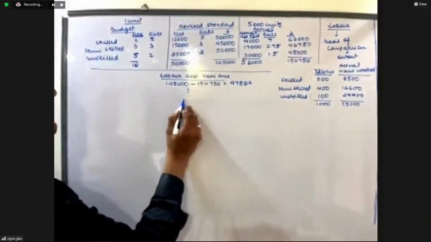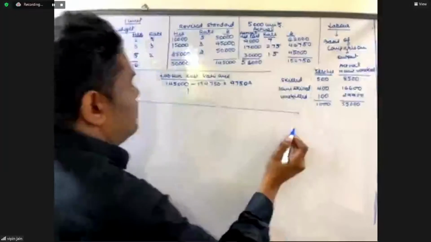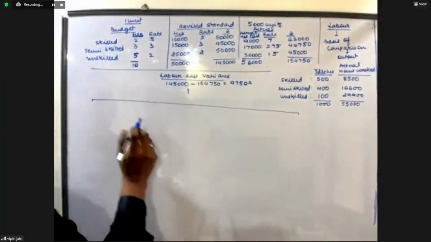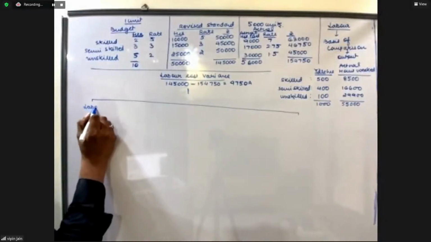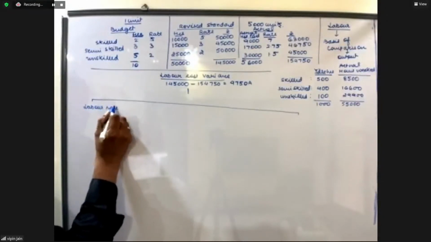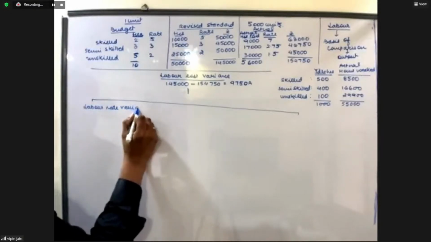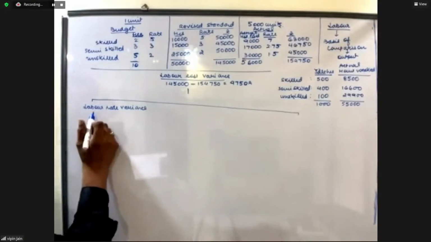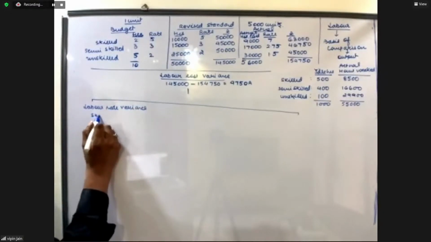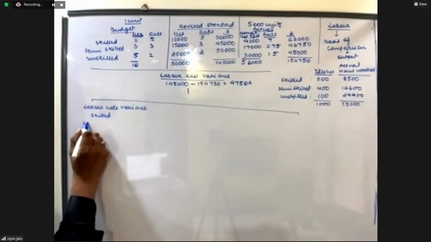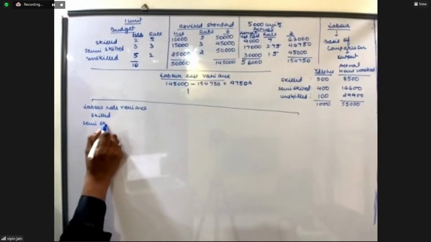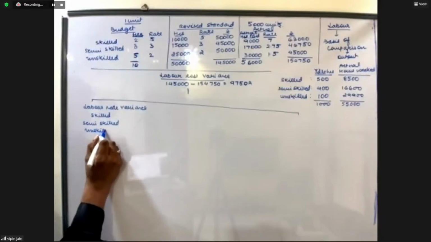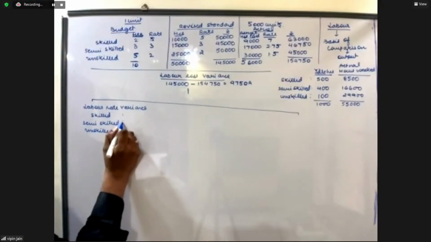Now again, when talking about labor rate variance, also there will be no change, wherein skilled, semi-skilled and unskilled, no change.